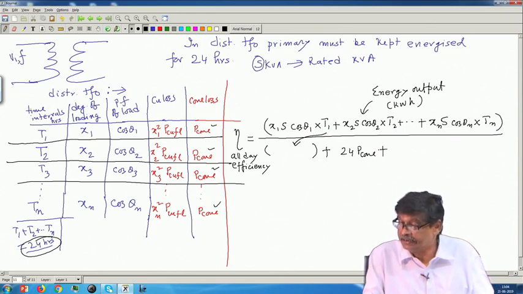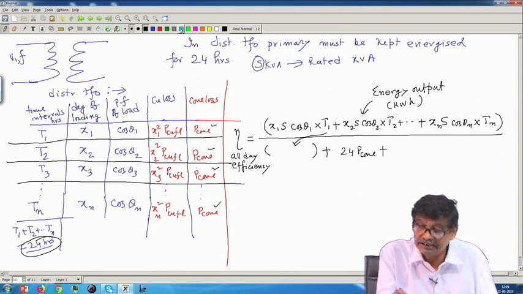Copper loss energy dissipated will be how much? I will write it in a different color.